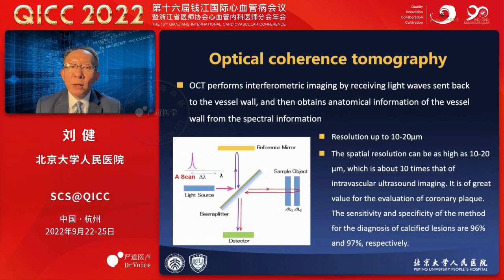And for the OCT, we can have a better understanding of the local anatomy of the vessel and look at the inflammation. And the resolution is like 10 to 20 microns, so that we can identify the calcific lesions and understand them better.